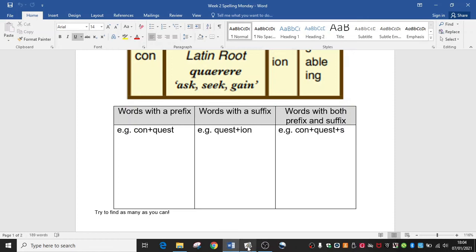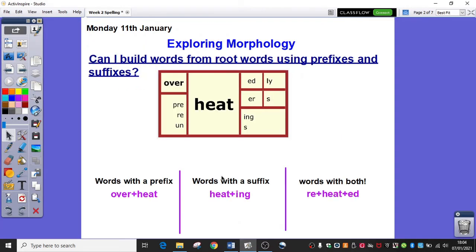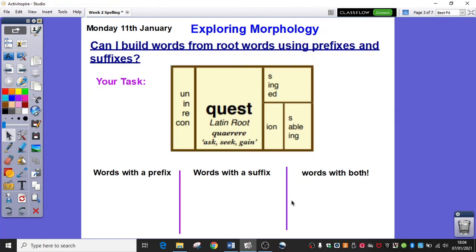So what I'd like you to do is just like I have done here, I have put my new words with the addition sign just to remind you, because we're adding parts of the word together. I would like you to do the same. This is your main task with the root word quest.